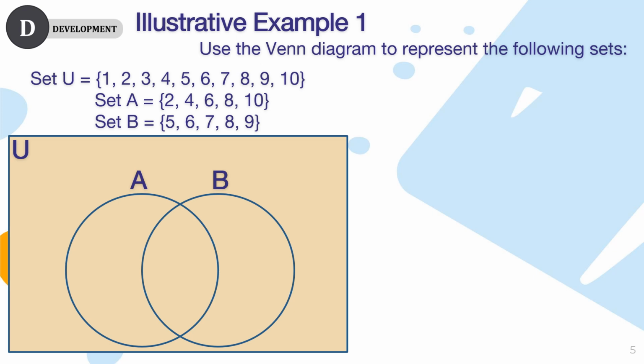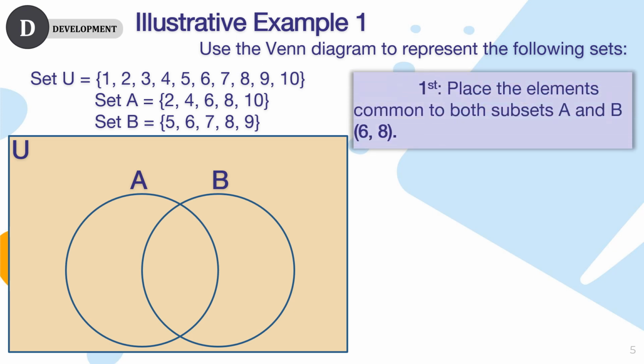the first thing we have to do is to place the elements common to both subsets A and B. This is located in the middle of both circles. And these elements are 6 and 8.